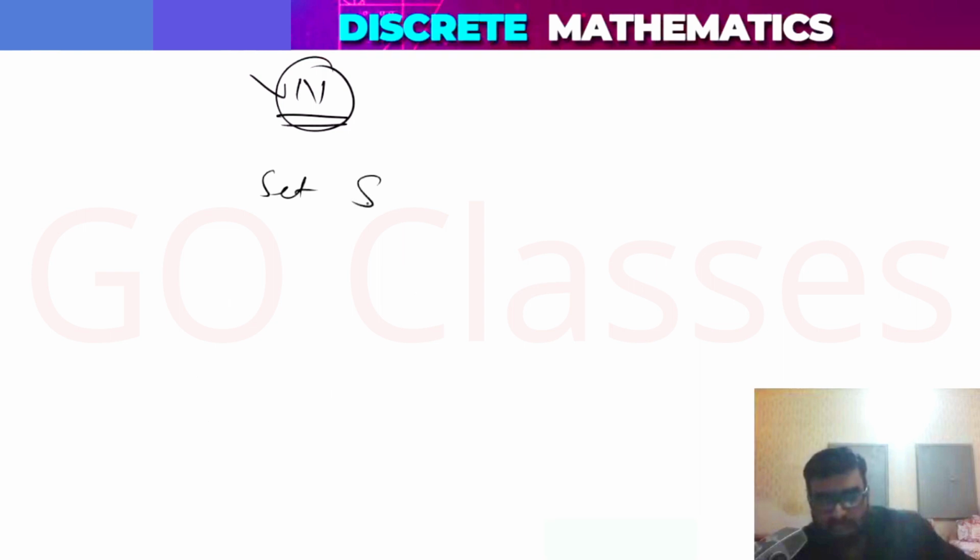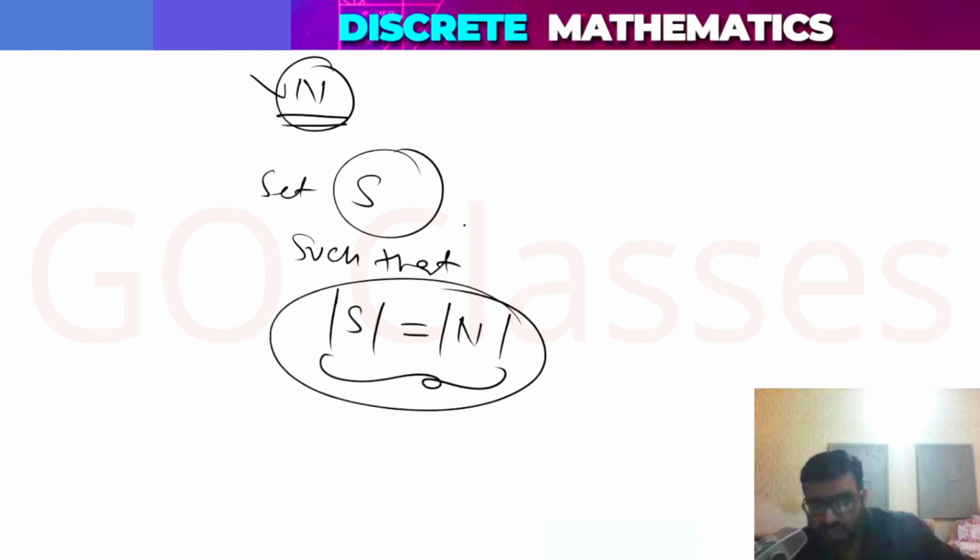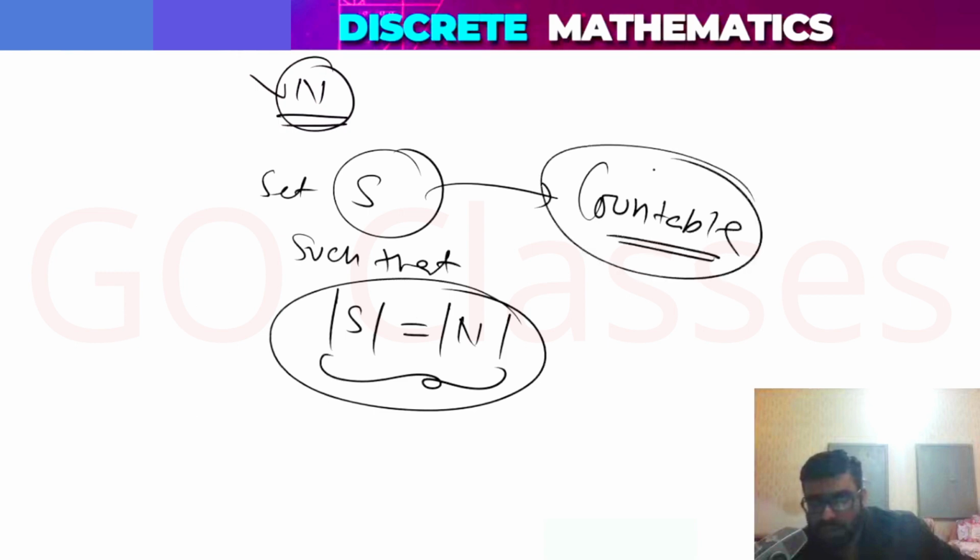Let's assume you have a set S such that set S has the same cardinality as the set of natural numbers. If this is the situation, then we have given a very special name to this set S. We will call it countable. Countable is just a word that we use for those sets which have the same cardinality as the set of natural numbers.